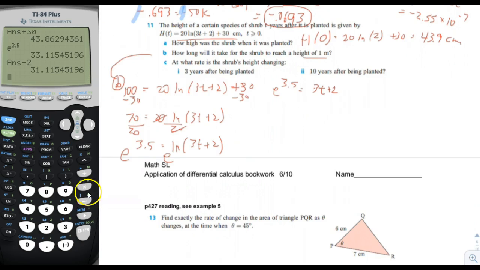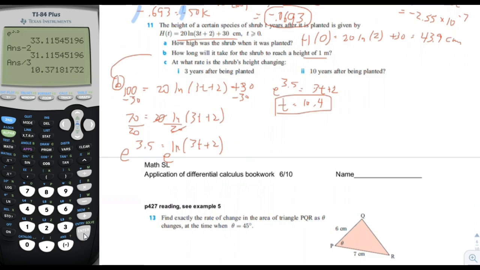Get 31.1, and then I divide by 3 both sides, and I get that t equals 10.4. So at t equals 10.4, that is when the height reaches 100 centimeters.